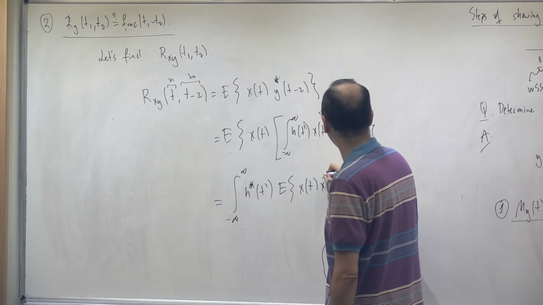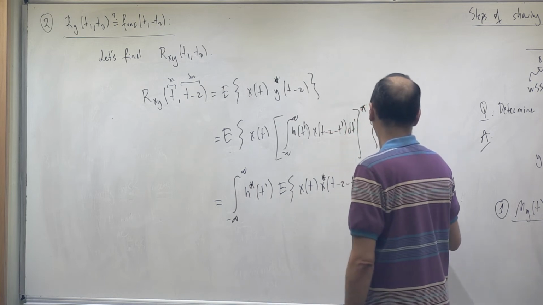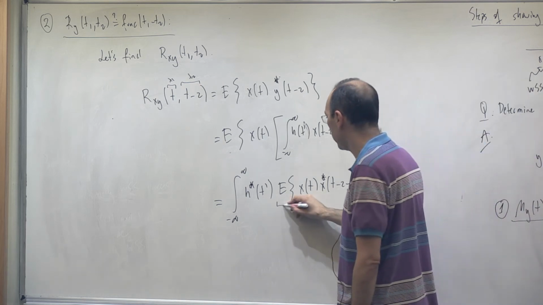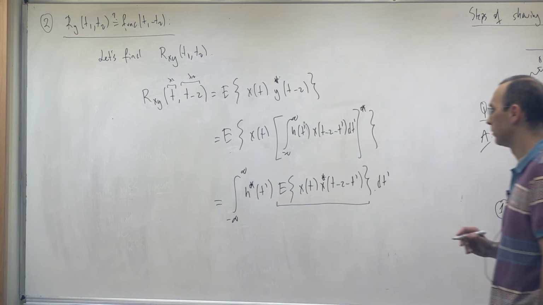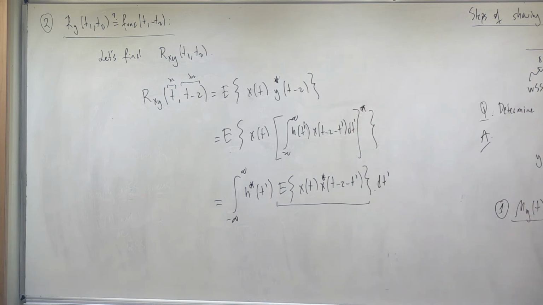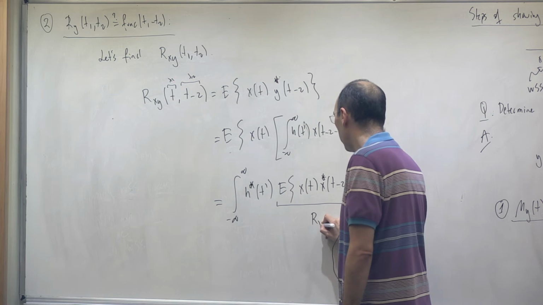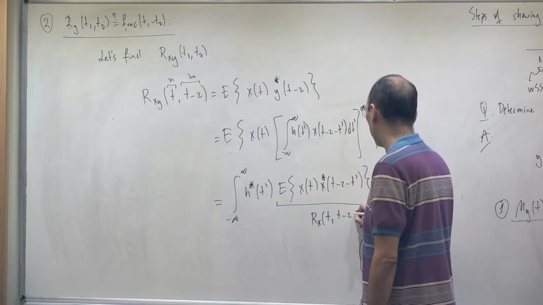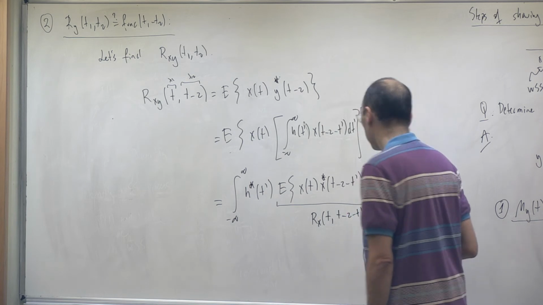And I should have the conjugate over here, dt prime. So how about this part? Now this is the autocorrelation function, our x function, t comma t minus tau, because this expectation is, by definition, this. Am I right?